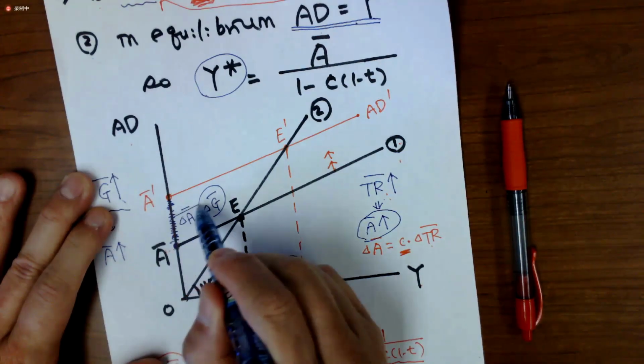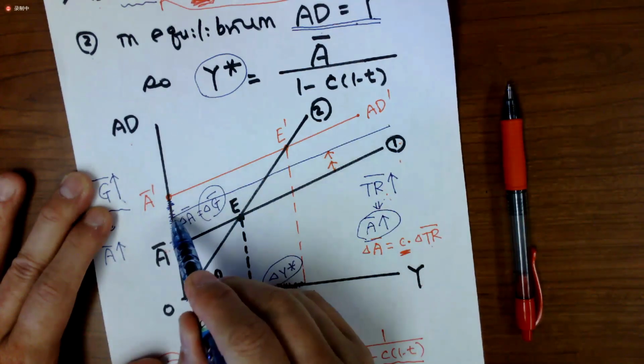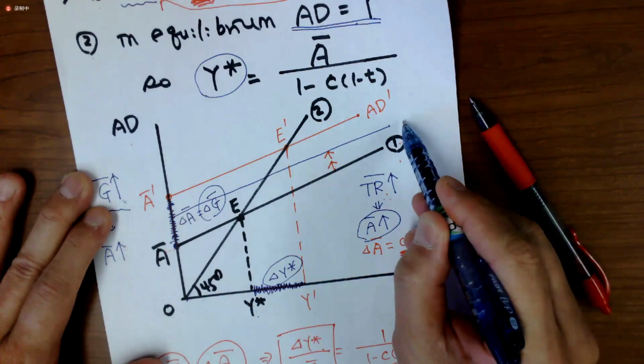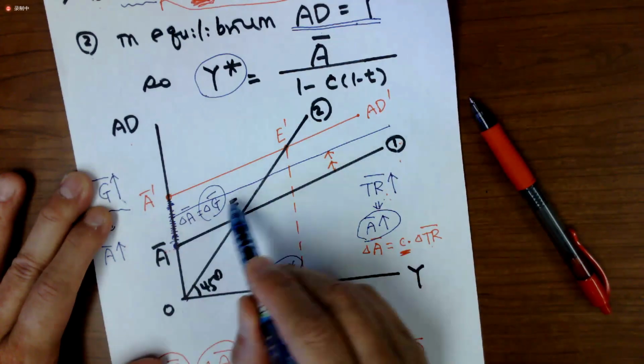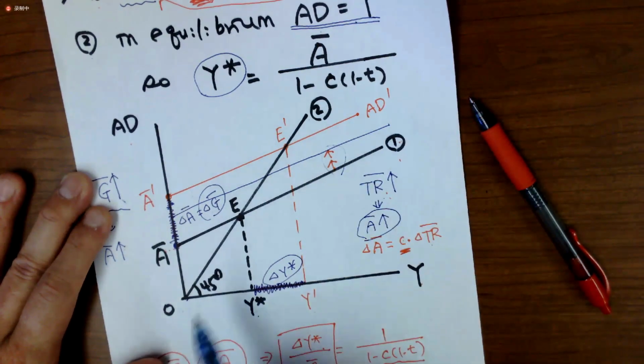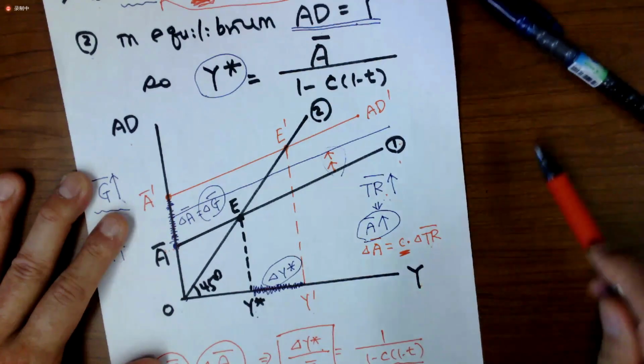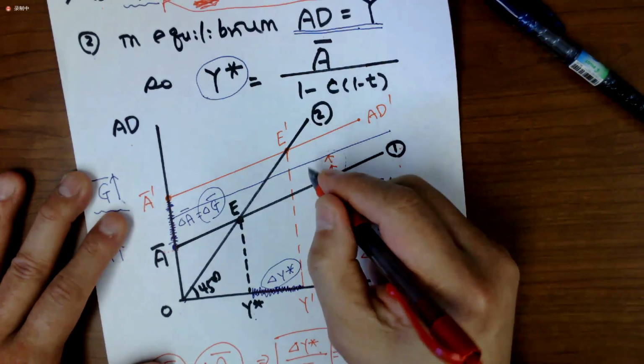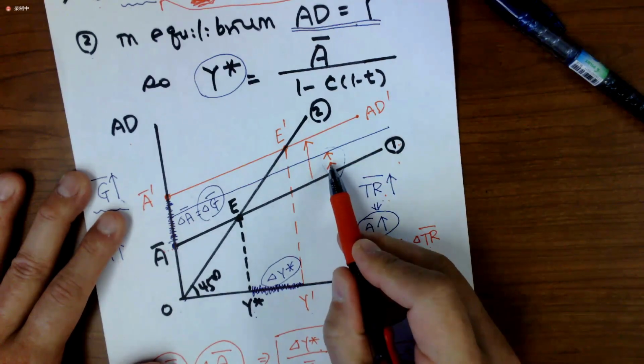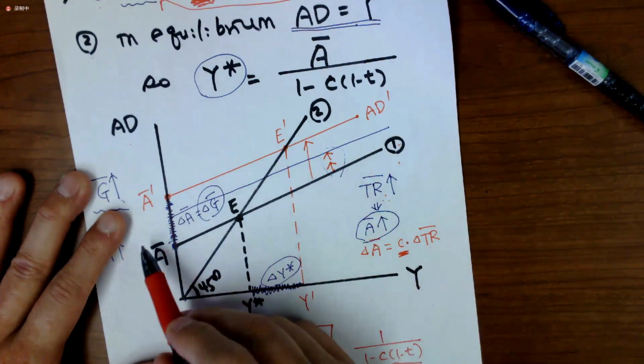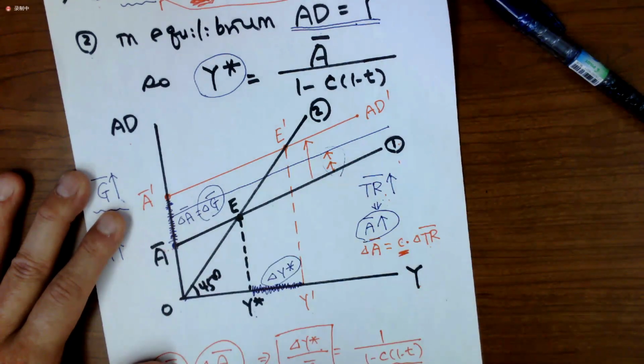It's going to be a parallel shift, but by a smaller amount. When you have an increase in government spending, you go all the way. It's one-to-one. When you have an increase in transfer payment, the parallel shift is going to be smaller. Say yes. Okay? Everybody?